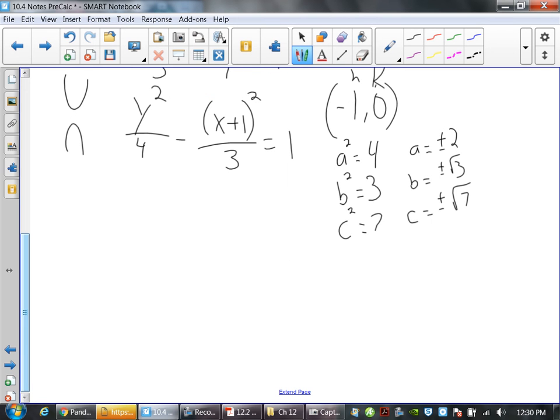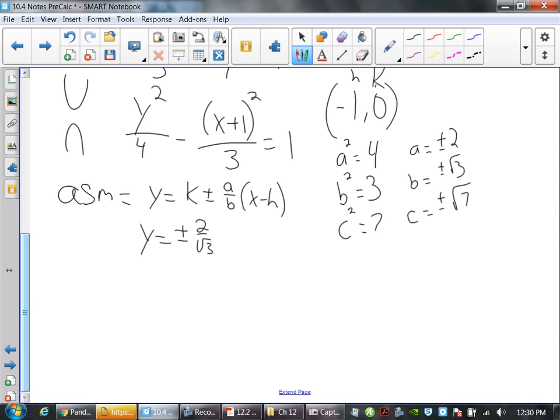And then we have our asymptotes. It's a vertical one, so we just have to fill in the blanks for that. K value is 0, so it's just going to be y equals plus or minus 2 over root 3.